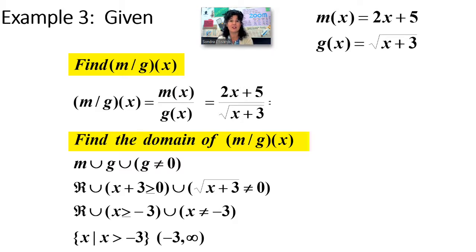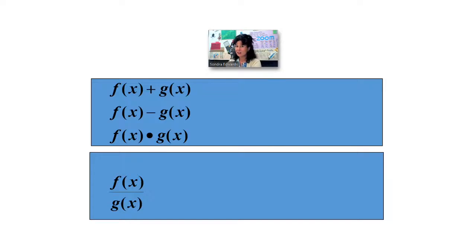We're going to be just fine. Those are the x's we're allowed to substitute into the answer to m divided by g. Numbers you're allowed to substitute, those are called domain. That's called your domain numbers. Full circle, back to the beginning here.